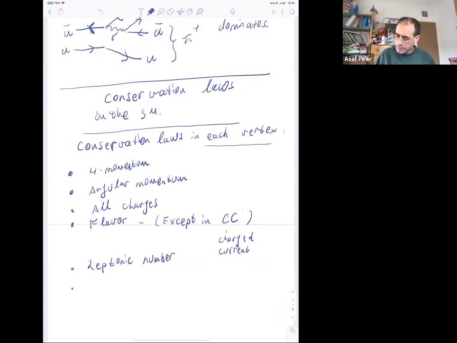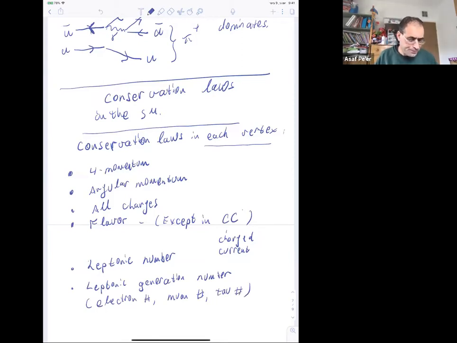So we simply call it leptonic generation number. It can be electron number, muon number, or tau number. And these are also conserved, also in the charged current interactions.